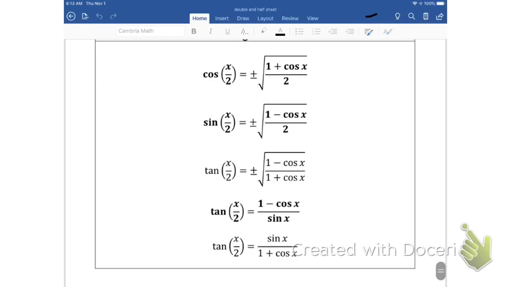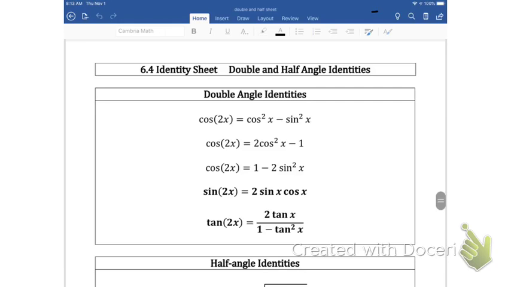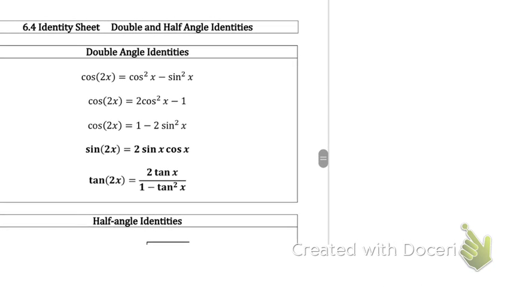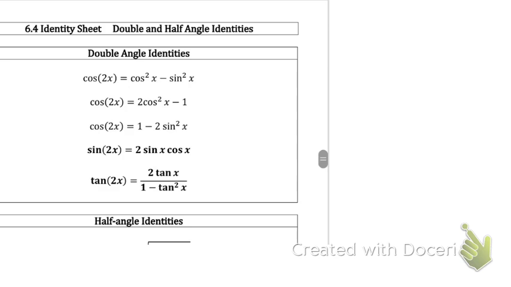When we're dealing with double angle formulas, that's what they're asking here. They're actually giving us one side of a double angle formula. So we'll just put our double angles right next to it.